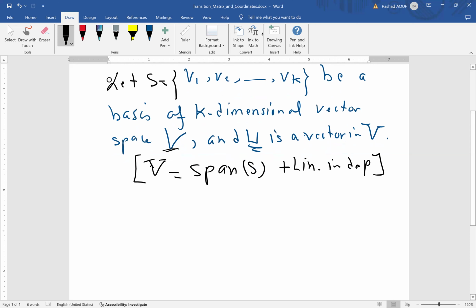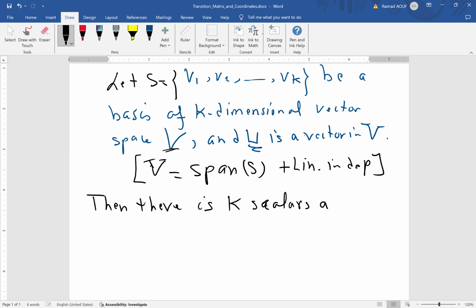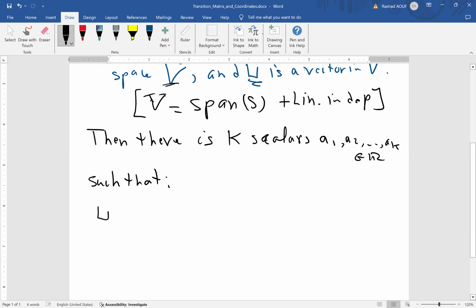It means there exist k scalars A1, A2, ..., Ak belonging to R such that U equals A1V1 plus A2V2 plus ... plus AkVk.